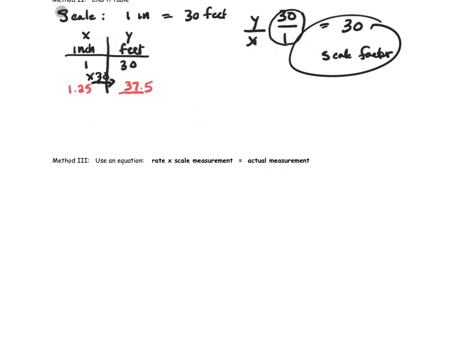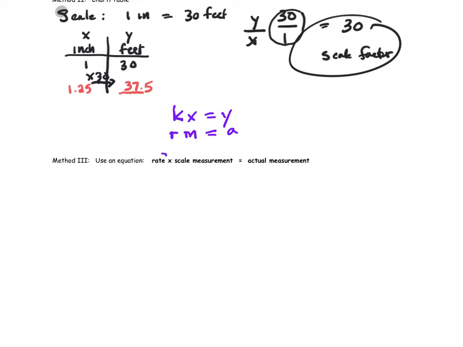So we've used an equation in this unit, and we used y equals kx, or we could also write it as kx equals y. So we're just going to use a form of this equation, and we're going to use it as rm equals a.